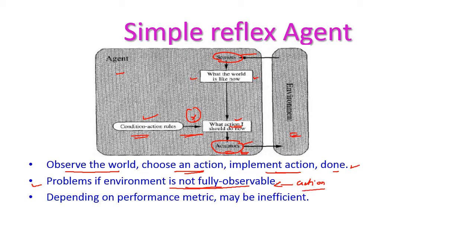The environment should be fully observable here. If it is not, then predicting the action is somewhat difficult here, and it depends on a performance metric that may be inefficient. Okay, so these are the problems in the simple reflex agent.